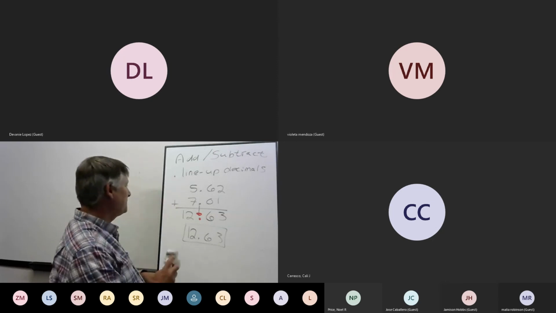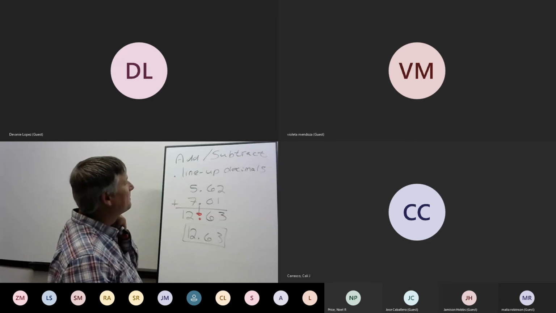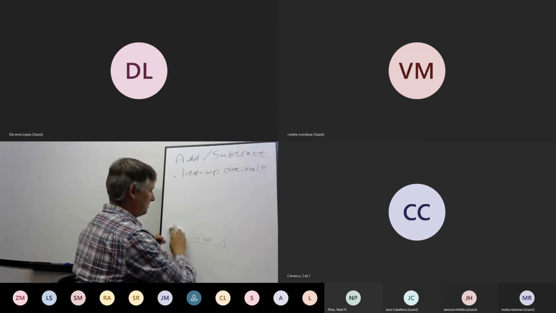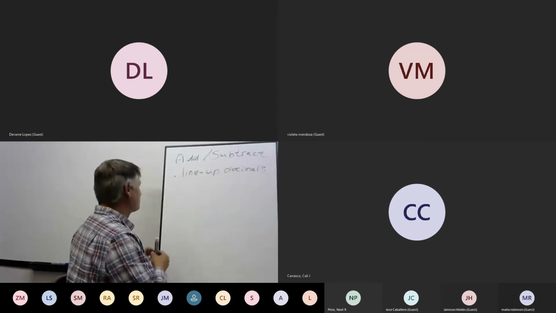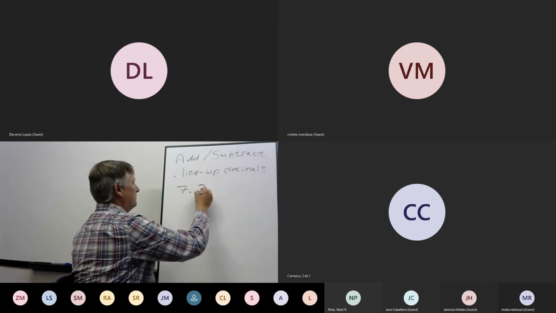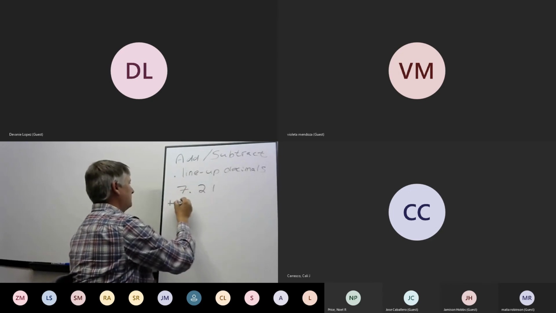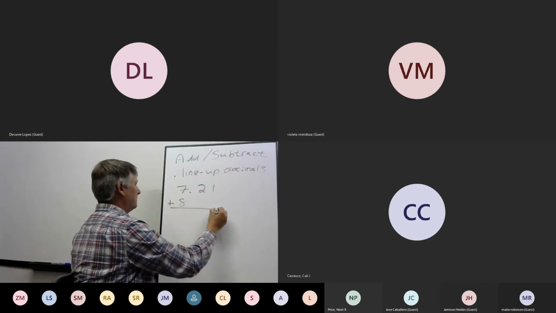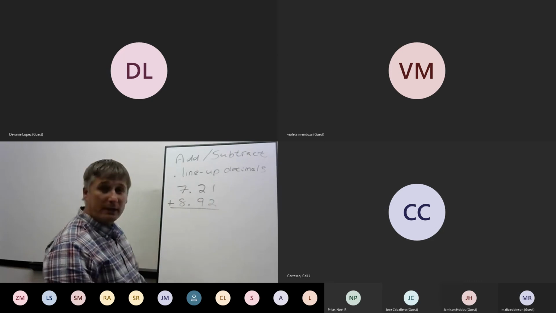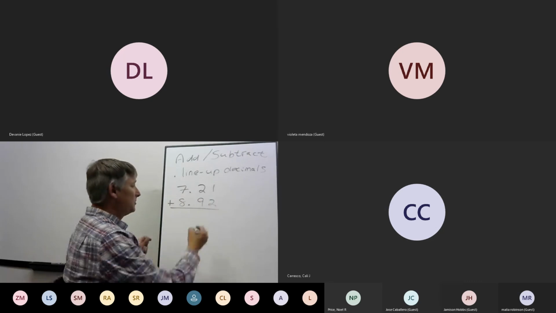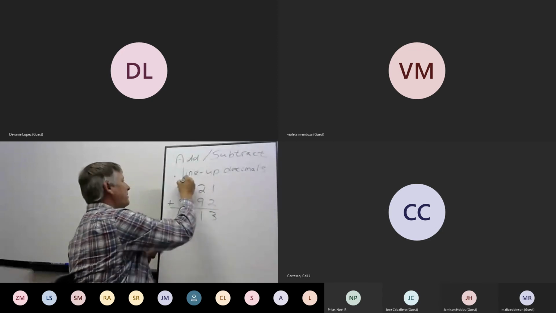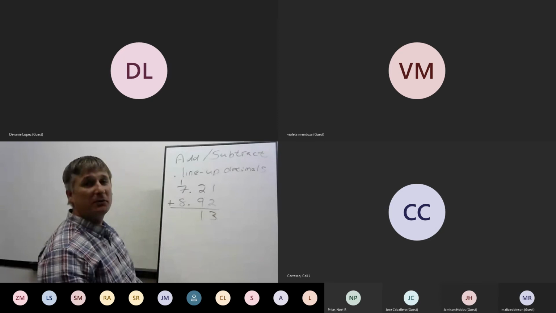So let's say we do another one. Well, again, we go column by column. 1 plus 2 is 3. 2 plus 9 is 11, and we'll carry the 1 across the decimal if need be.